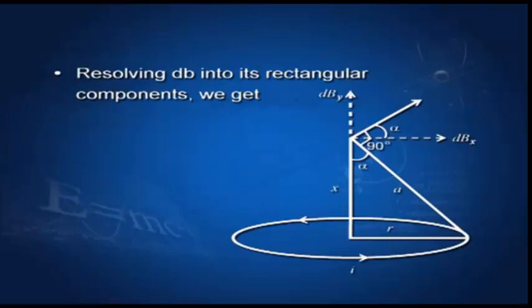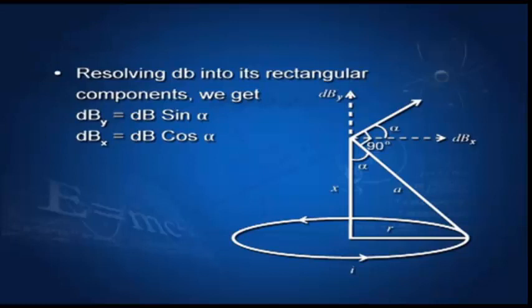Resolving dB into its rectangular components, we get dBy equals dB sine alpha and dBx equals dB cos alpha. For the whole ring, if we have to calculate the magnetic field along the x-axis, then we have to sum up the dBx.